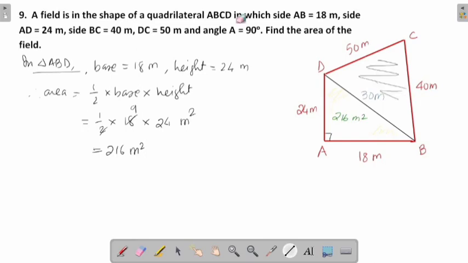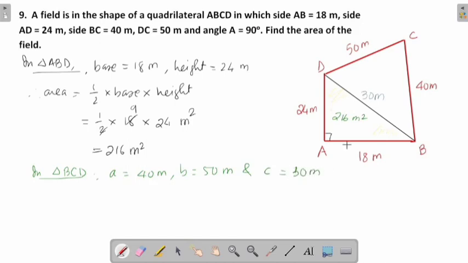So in triangle BCD, the 3 sides are given, right? A, B and C, let's say. A is given to be 40 meter, B is given to be 50 meter, and C is given to be 30 meter.